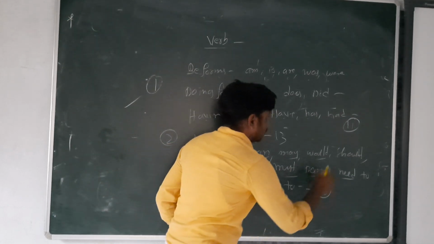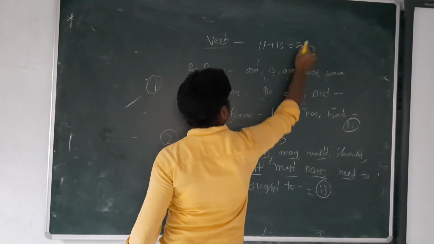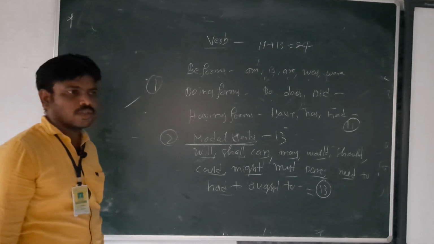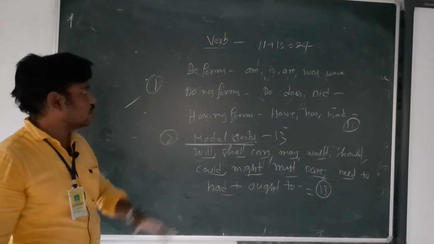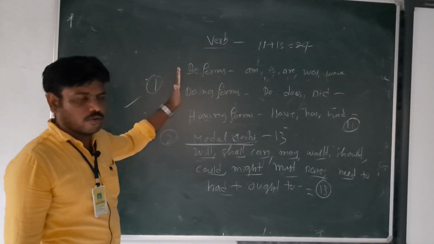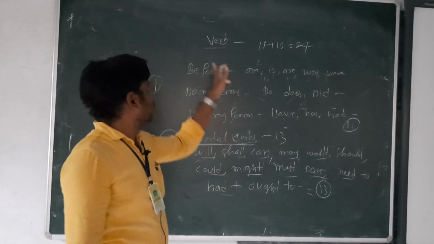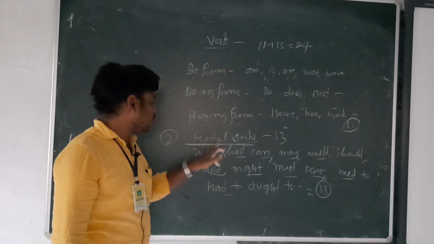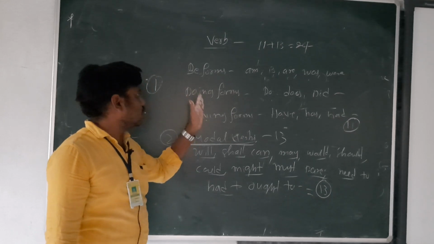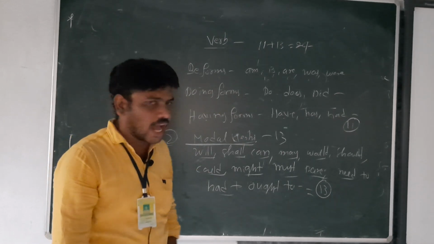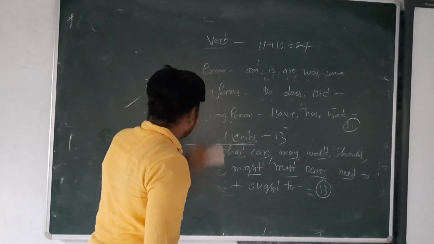How many? 13. So 11 plus 13 is equal to 24. These are the very important verbs. Now let us repeat once again: be forms, doing forms, having forms, which are 11, and modal verbs, which are 13.